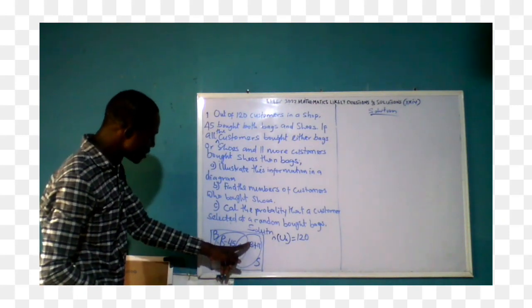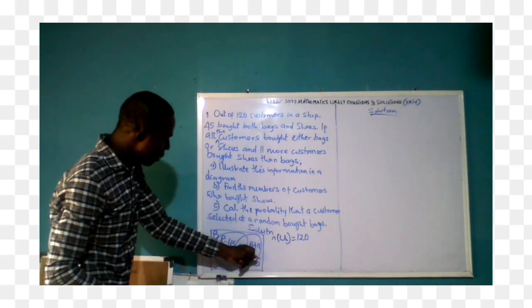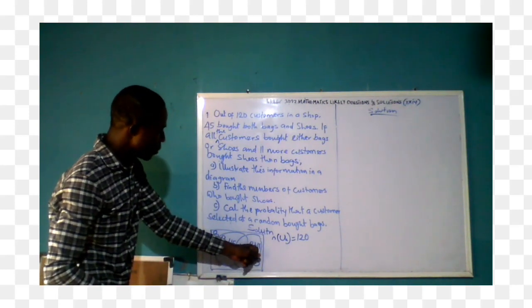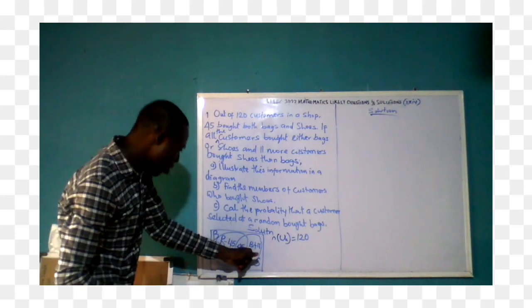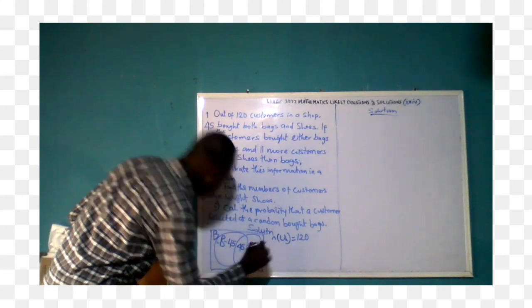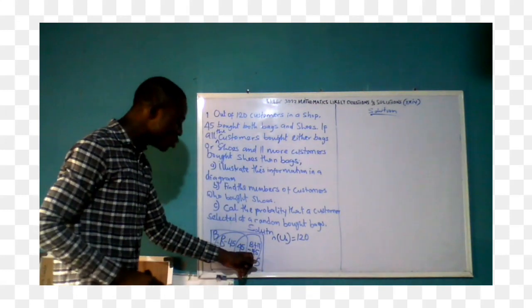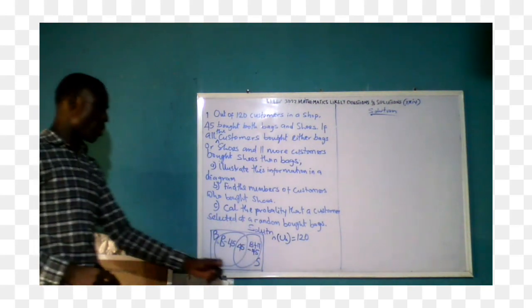So if you get the number of people that bought bags, add 11 people to it, that will give you the number of people that bought shoes. Of course, minus 45 will give you the number of people that bought shoes only. Please take note, and this is what this region represents.